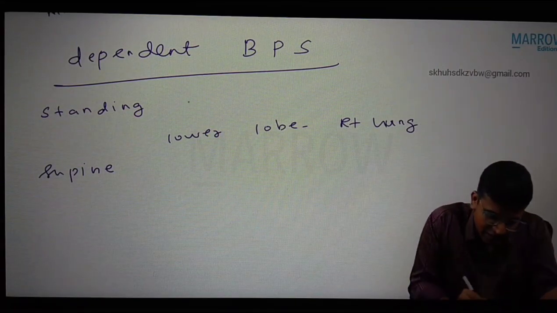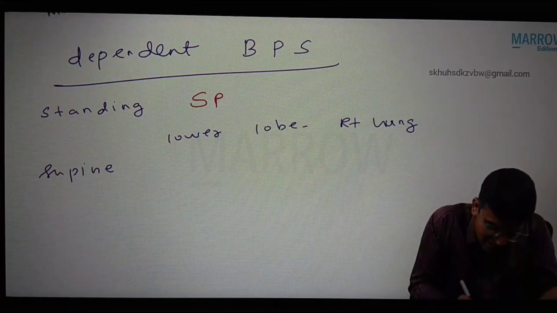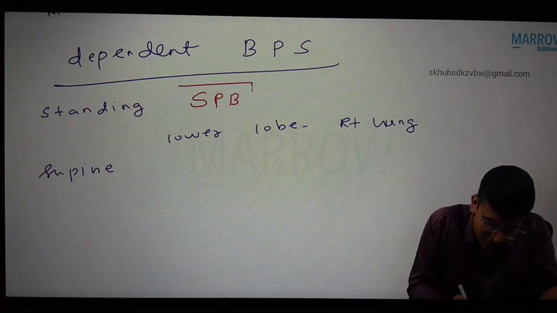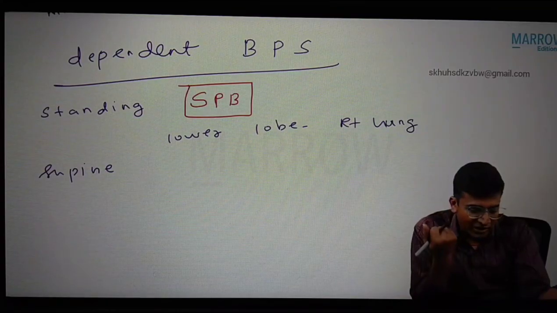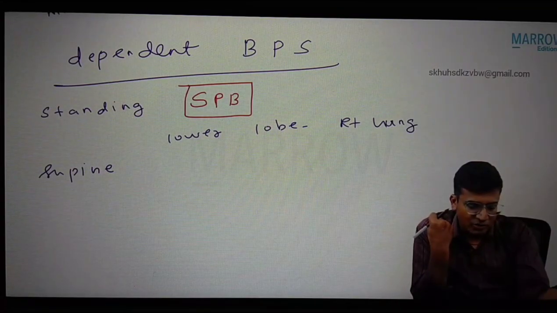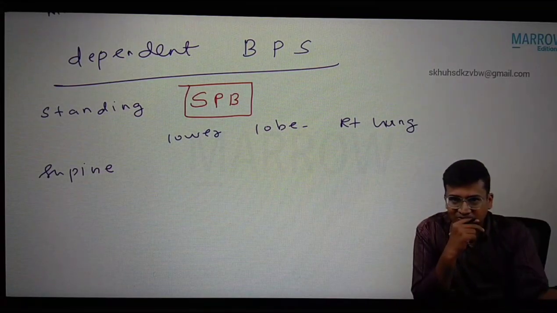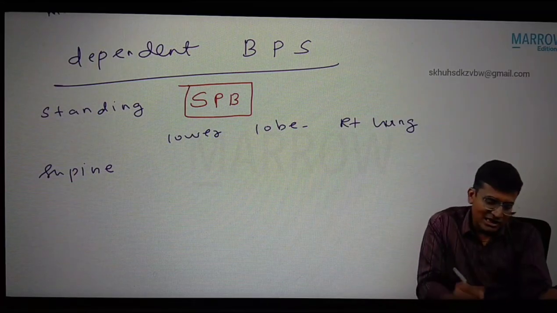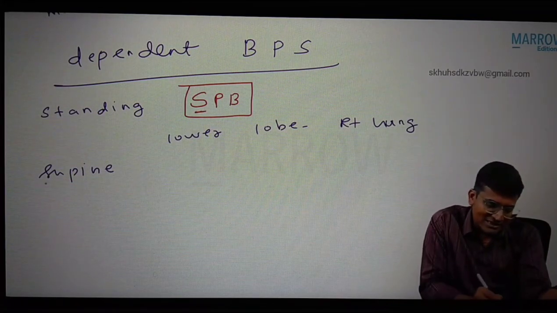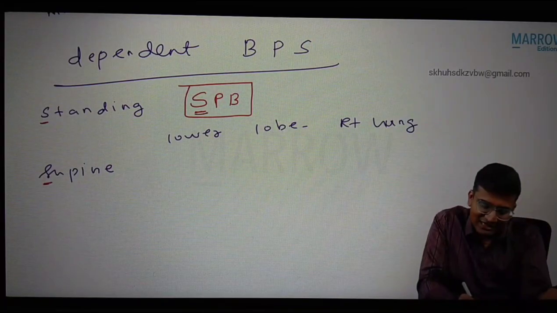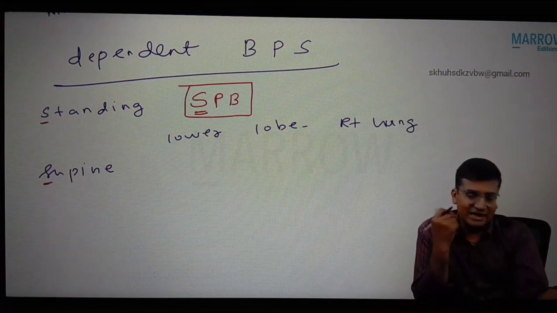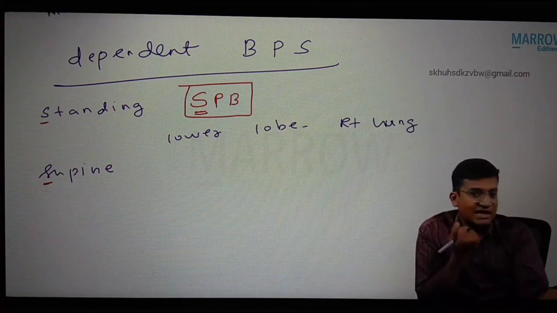We have a mnemonic. SPB is a mnemonic. SP Balasubramaniam is a legendary singer. That is a mnemonic to remember the dependent bronchopulmonary segment in standing position. Now the point is, even for supine position, the starting letter is S. So is this a right mnemonic, sir? Yes, this is a right mnemonic.